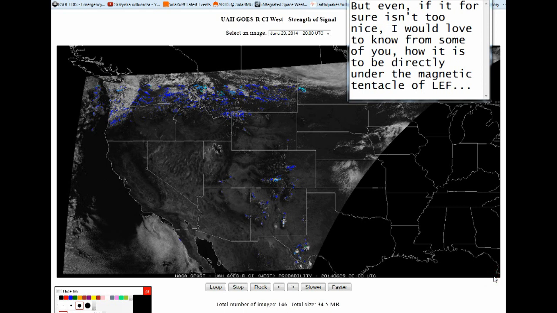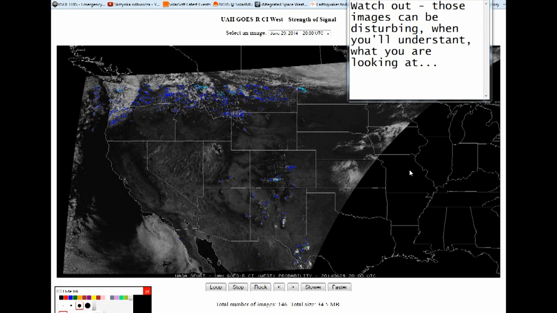But even if it for sure isn't too nice, I would love to know from some of you how it is to be directly under the magnetic tentacle of low energy field. Watch out, those images can be disturbing when you understand what you are looking at.